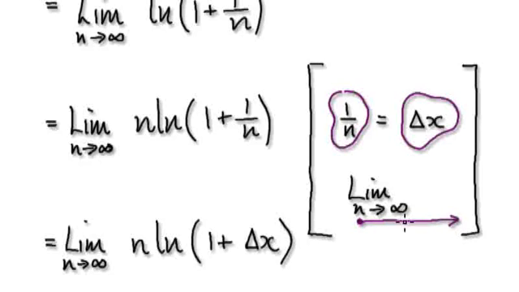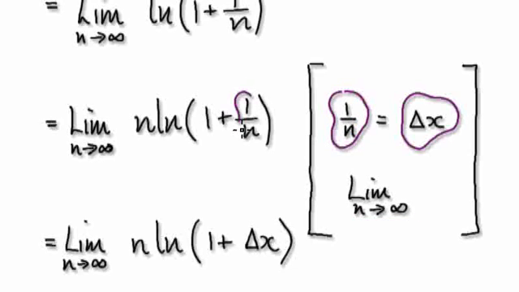Now look what happens as n gets bigger and bigger. I want to rewrite this 1 over n as delta x. As n gets bigger and bigger, this thing here, the whole bubble here, will get smaller and smaller. That means this thing here is getting smaller and smaller.